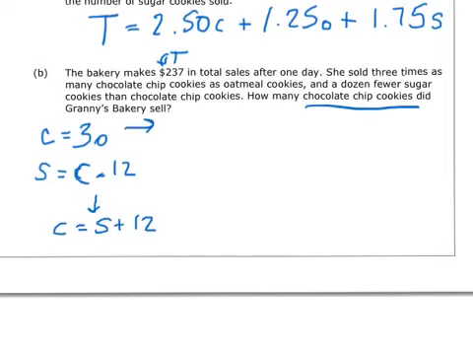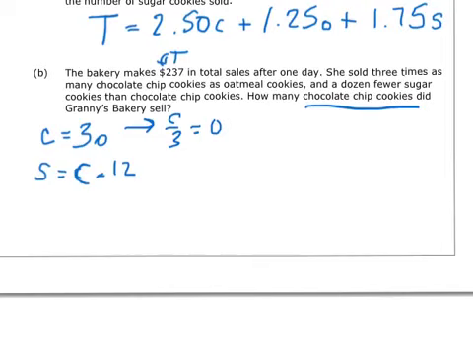You don't have to change that one because it's already in terms of C. This one is going to be C divided by 3 is equal to O. And then when we go back to solve this, we need it all in one variable.